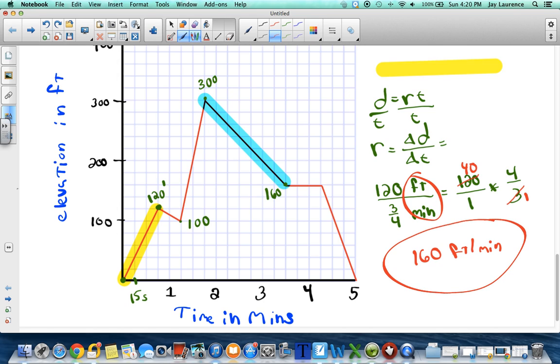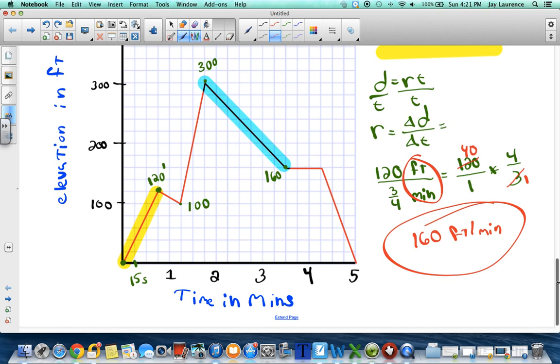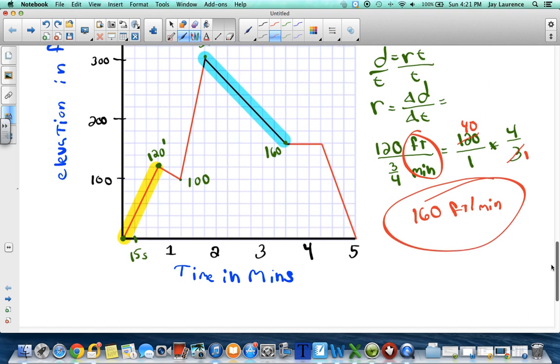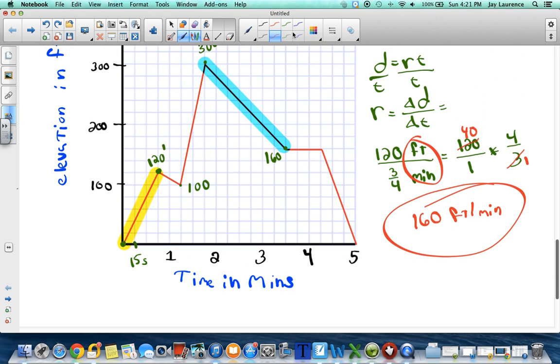So in other words, this helicopter was climbing at a rate of 160 feet per minute. Okay, so it's not super duper fast, but then again, the person is only an amateur learning how to do this, so pretty cool nonetheless. You would say that was a positive 160 feet per minute because it's climbing upward.